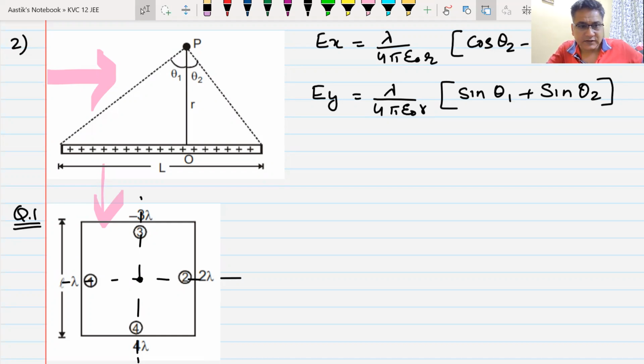Anyone got any answer for this? How are we supposed to do this? Anyone? No one? Yes, beta. 23 lambda by 2 root 2 epsilon naught r. Are you telling me the magnitude? Yes, sir. Which direction is it?